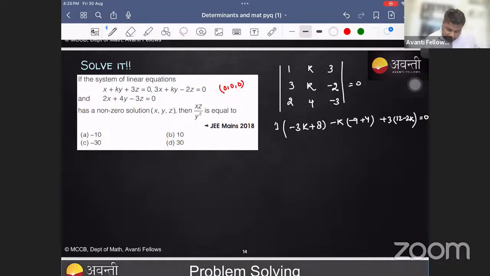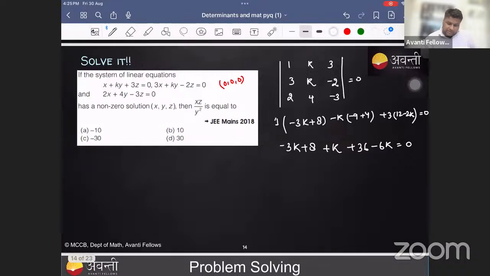So now it is minus 3k plus 8, minus plus k, plus 36 minus 6k equals to 0. So 6 and 3, 9 minus of 8k is minus 44. k comes what? 11 upon 2. k is 11 upon 2.